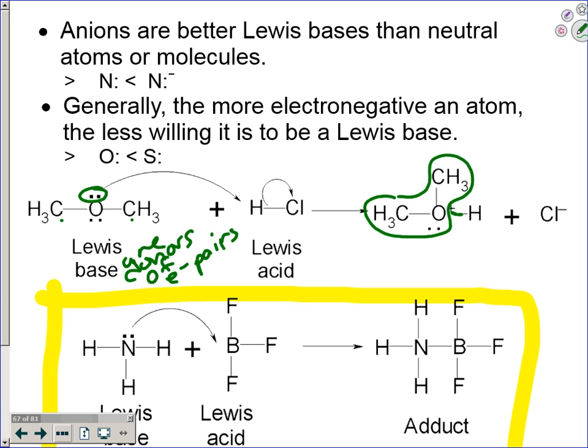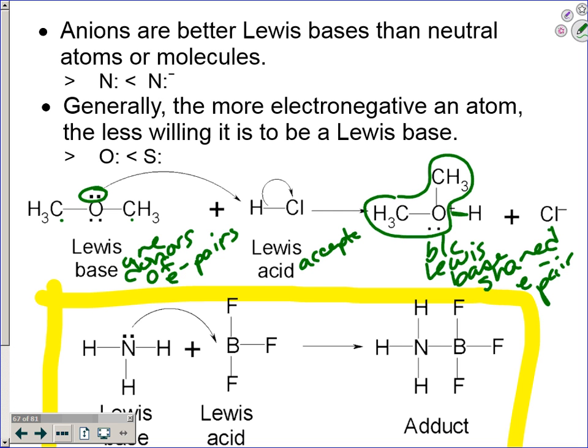And so that bond right there is because the Lewis base shared an electron pair. So then the HCl was acting as a Lewis acid because it accepted the lone pair.